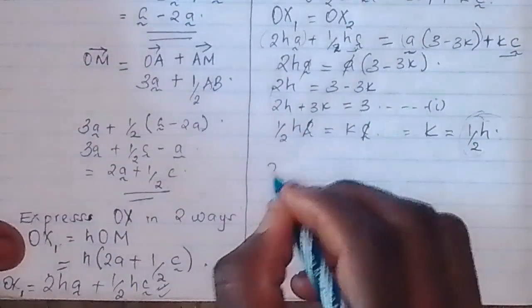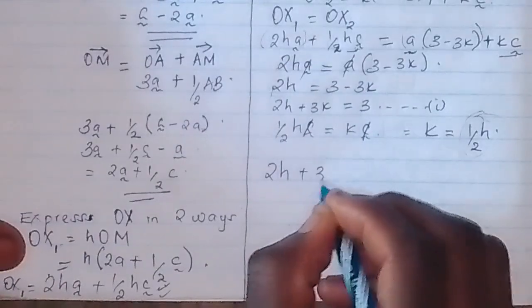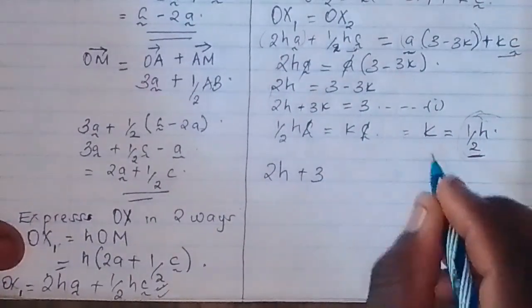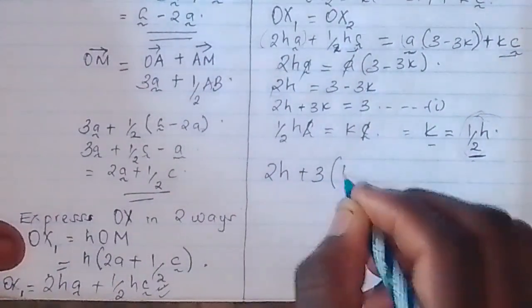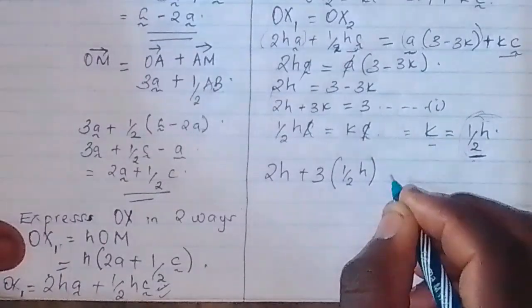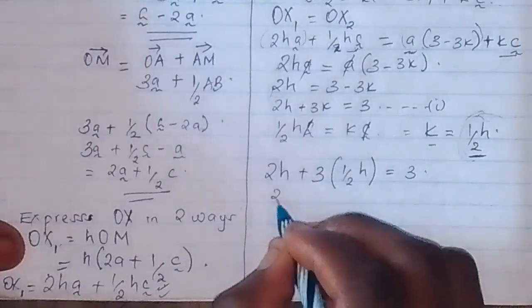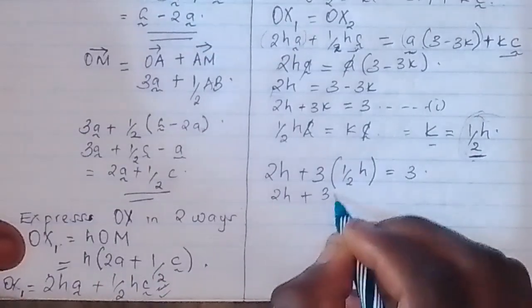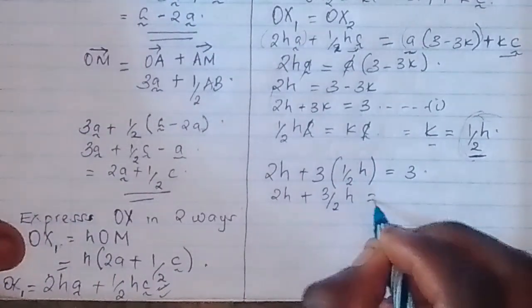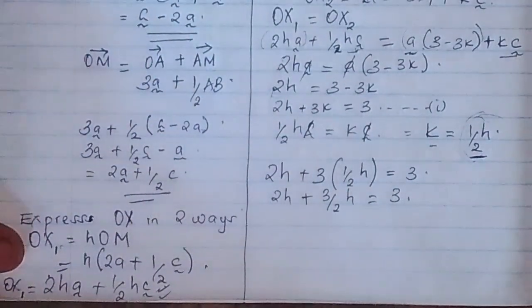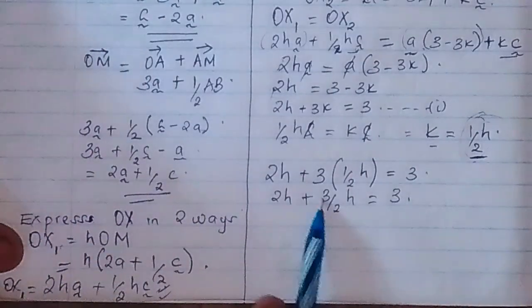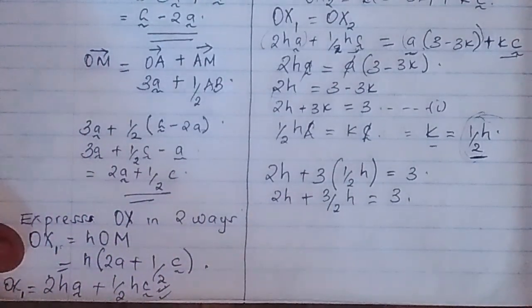Okay, so we say 2h plus 3, our k is equal to a half of h, is equal to 3. So this is 2h plus 3 over 2h equals 3. Now 3 over 2 is the same as 1 and a half.